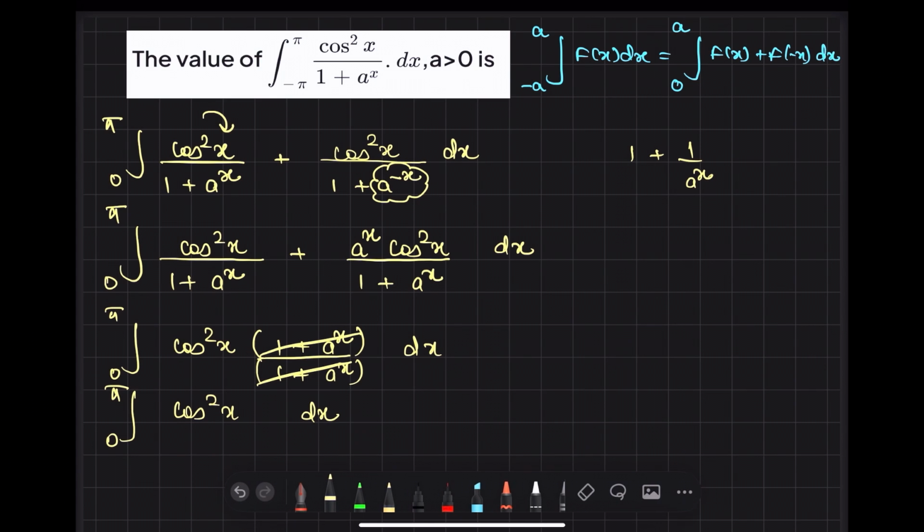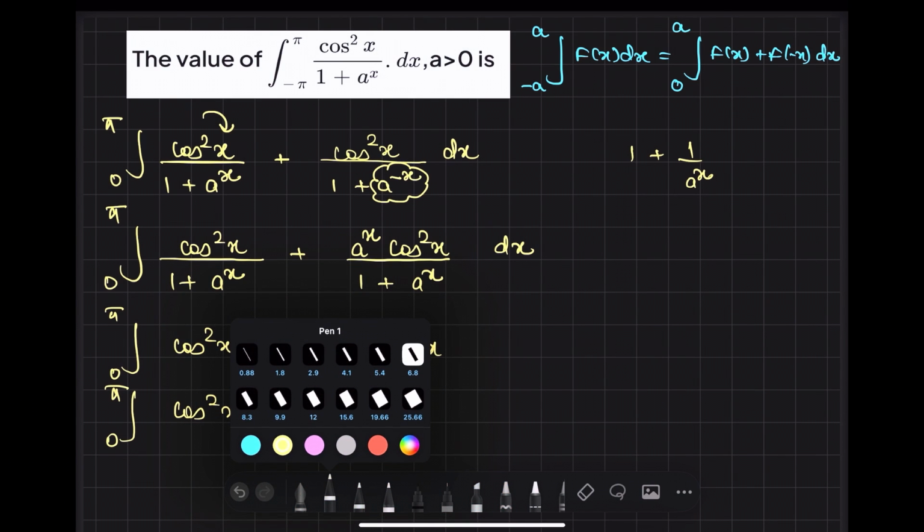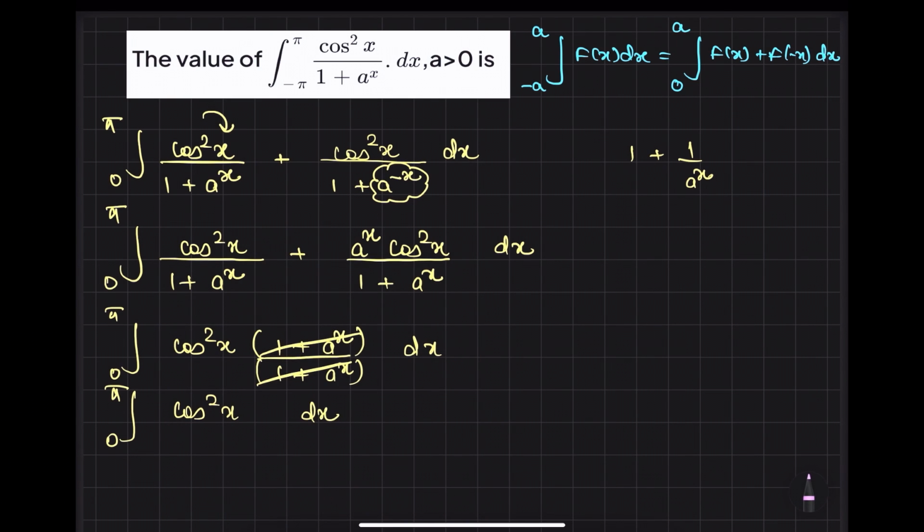So we have to break down the power into linear. If you wish to break down the power, you majorly rely on cos 2x, which says 2 cos square x minus 1, or it is 1 minus 2 sine square x. For this question, we need to take help of the first part.